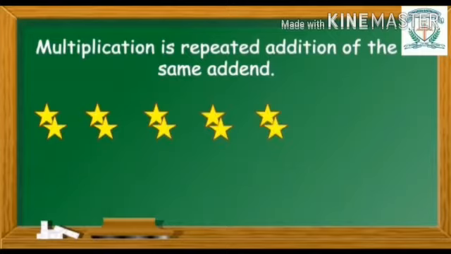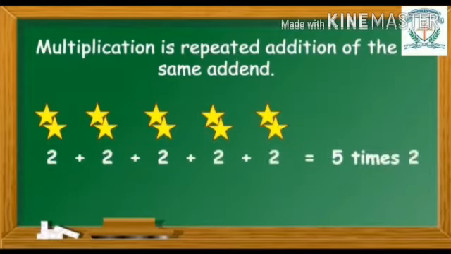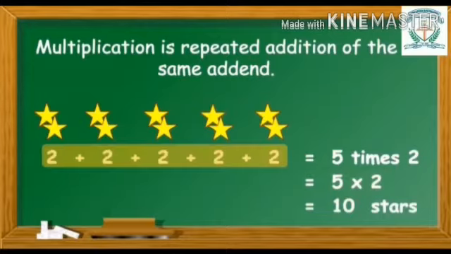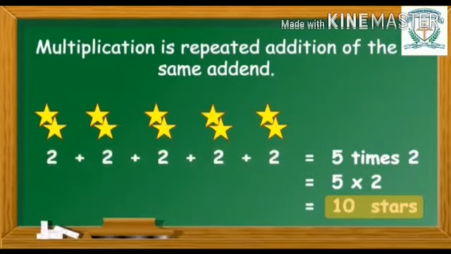In order to find the total number of stars, instead of adding 2 5 times, we will write 5 times 2, which is equal to 5 into 2 is equal to 10 stars. So, we use multiplication instead of repeated addition to find the total number of stars.